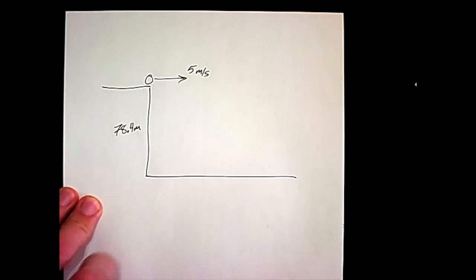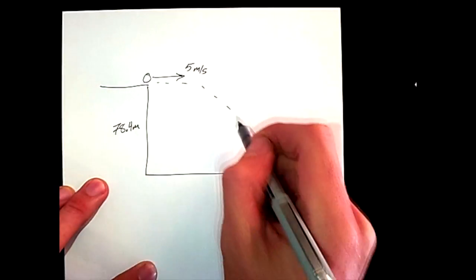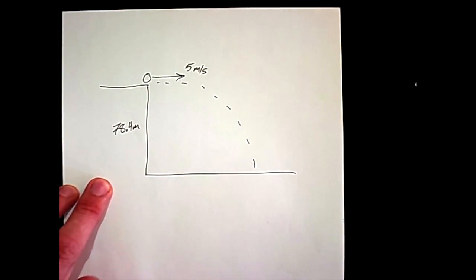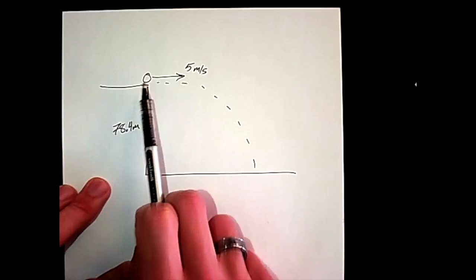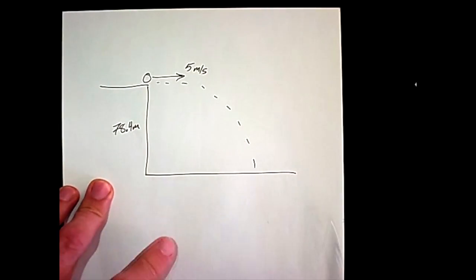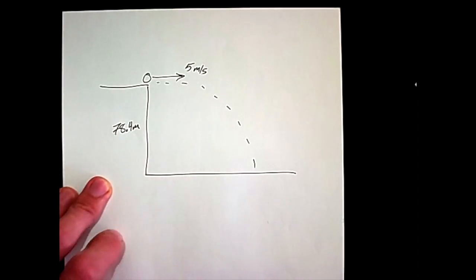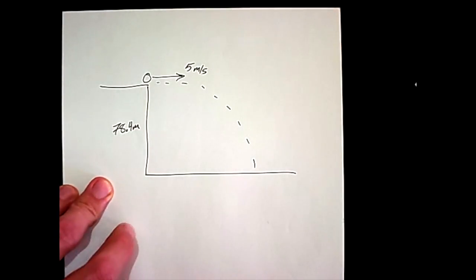So first, this is the picture, and after our discussion yesterday, you should note that this goes like this in an arc and hits the ground. We are talking about the moment right after it was launched and right before it hits the ground while it's in the air. So far, all I have are these 2 variables and not a lot of information.